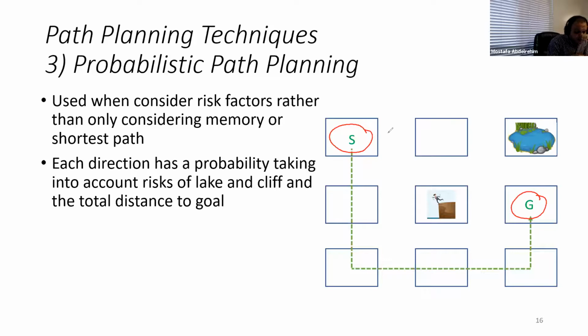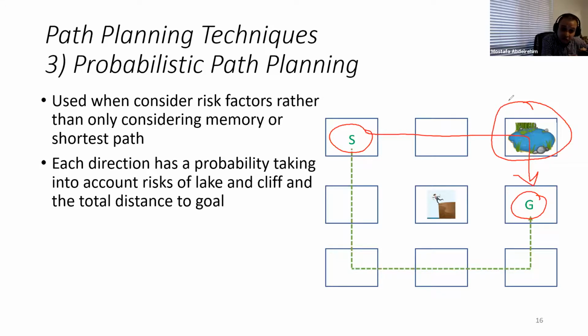If all the distances are the same, it should be something like this. But for this path, we will pass through a lake. So there is a risk that the robot may fall into this lake and we just lose it. And these robots are usually very expensive. Even if it was cheap, don't play with this.